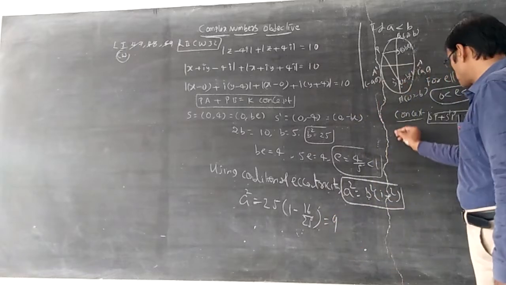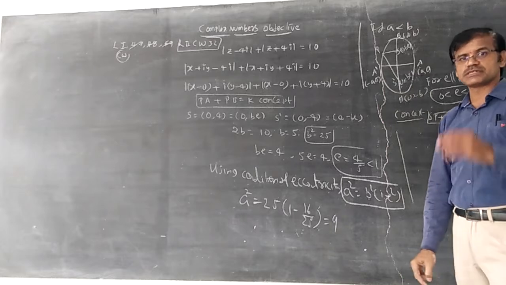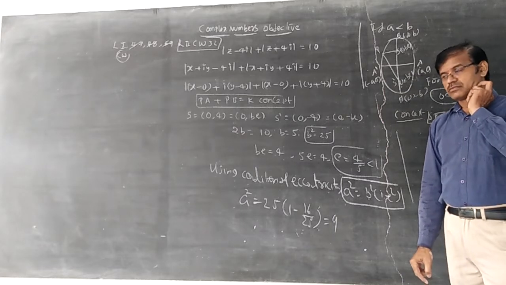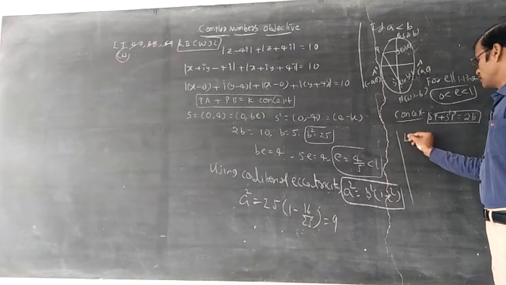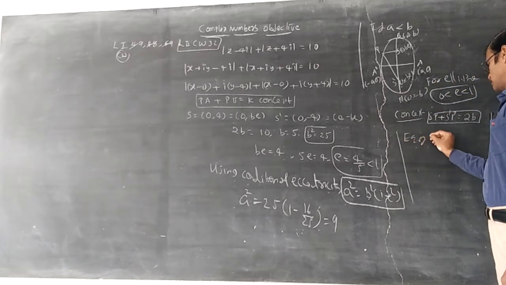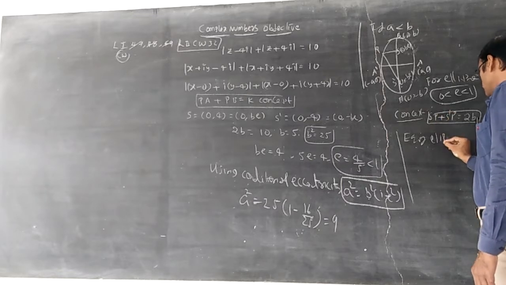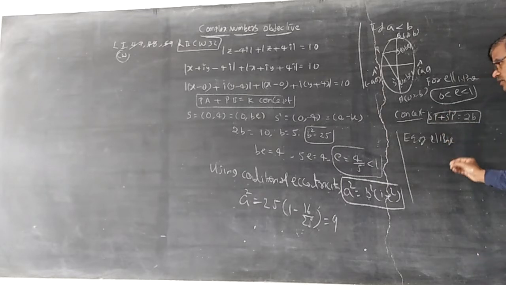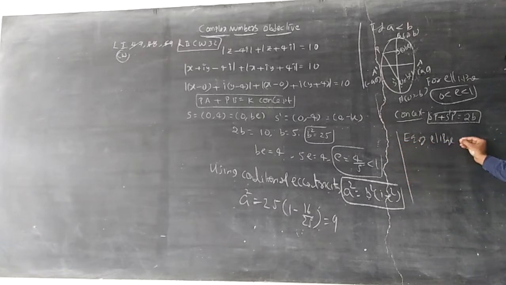I said that the equation of the ellipse is x square by a square plus y square by b square is equal to 1. Here the condition is a less than b. Now this represents an ellipse. To calculate the equation of the ellipse, you should calculate everything in this model.